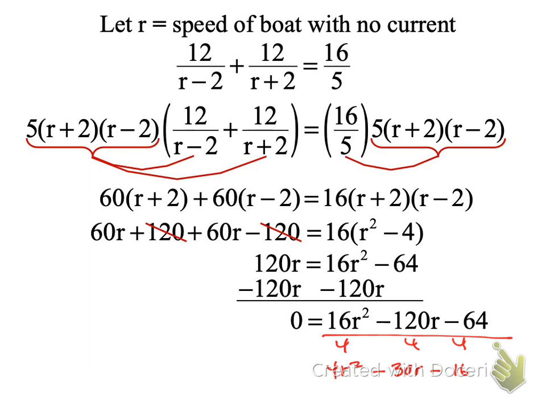So I can't divide by 16. I can divide by another 2. So I could have divided everything by 8. Okay? And then I end up with 2r squared minus 15r minus 8 equals 0.